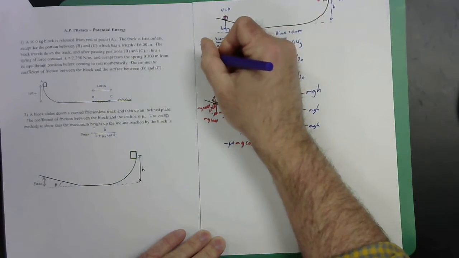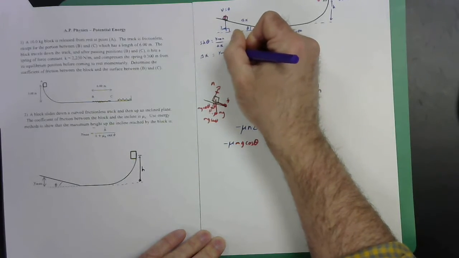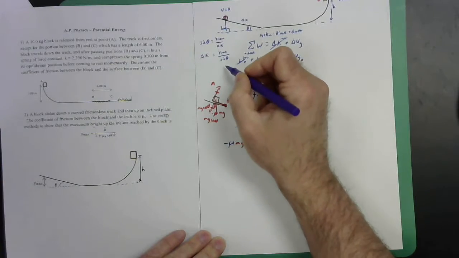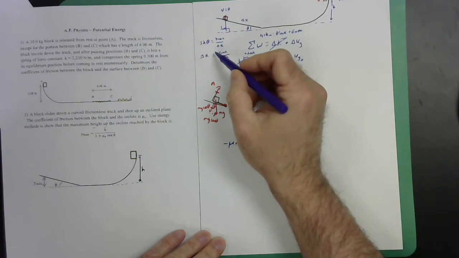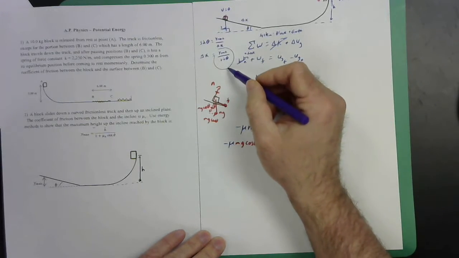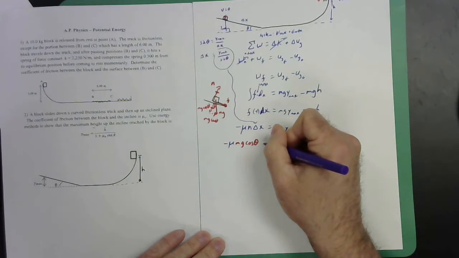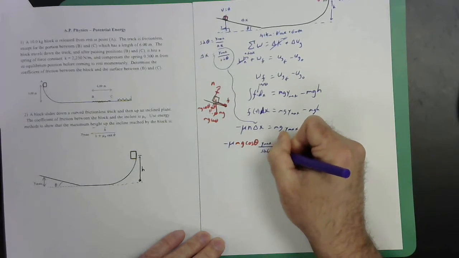So rearranging this, delta x would be y max over sine theta. I'm going to substitute that in here for delta x. So that'll be y max over sine theta.